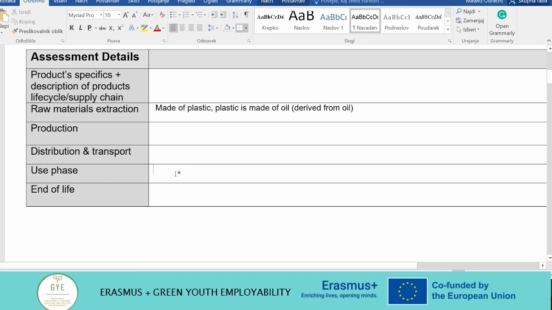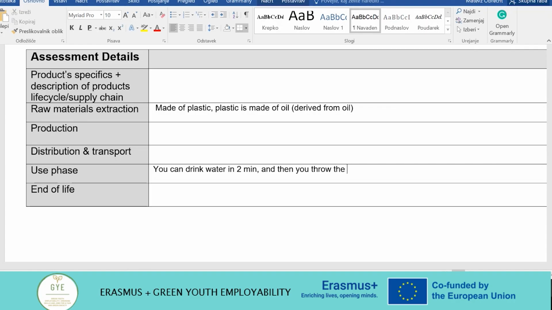Then you will have the use phase. In case of the plastic bottle, the use phase is very, very short and very undemanding, because actually you can drink the water in like 2 minutes, and then you throw the bottle away.